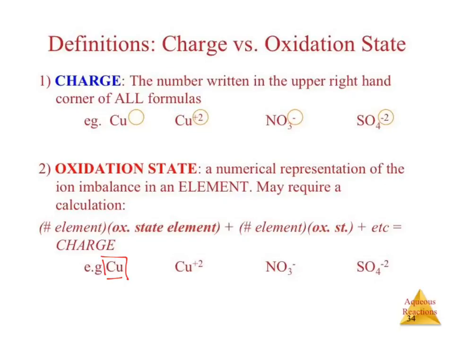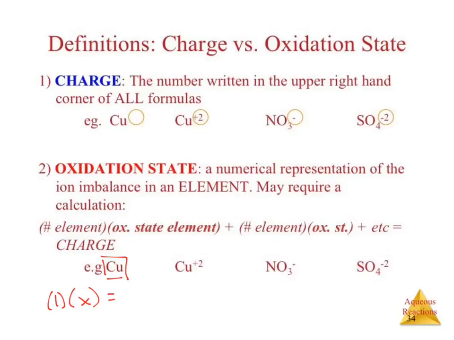So, start with that first one. How many coppers are there? What's the oxidation state? Always solve for the oxidation state, which means what is it? It's X. Good answer. What other element is present? None. What does this have to equal?